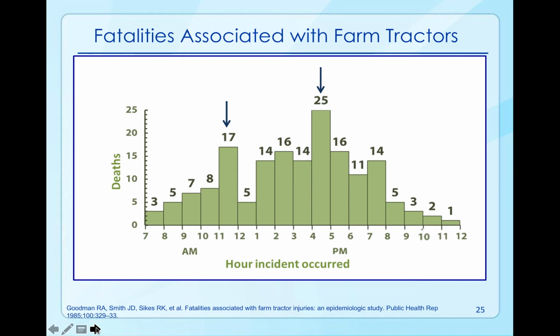Well, there are two times a day that seem to have the highest number, be the most likely for people to have an accident. And that's between 11 and 12 and between 4 and 5. So they occurred right before lunch and during late afternoon. In addition, the lowest time for these accidents, other than in the middle of the night, was during lunchtime.